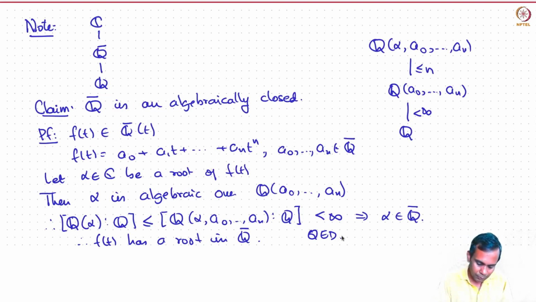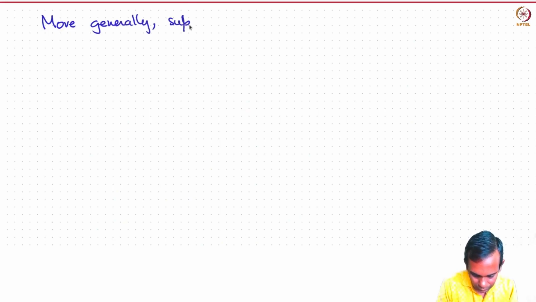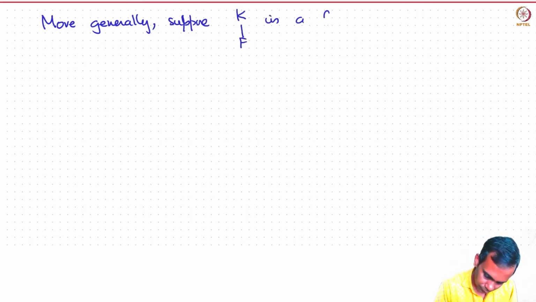We can do this in more generality. We don't need to use complex numbers. More generally, suppose we have a field extension K over F, and K is algebraically closed.